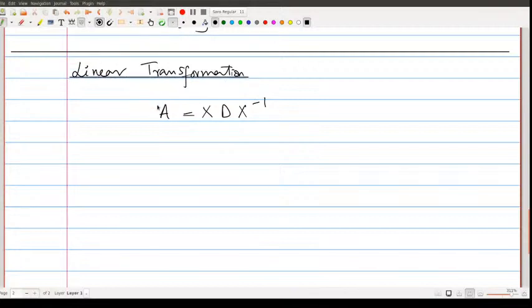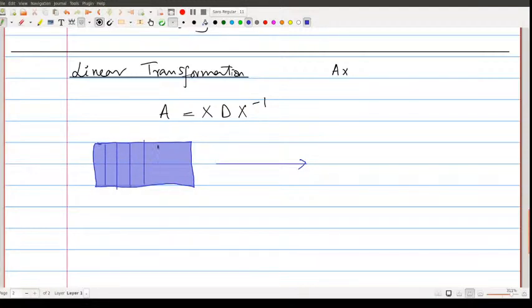When you multiply A with all vectors, you get some transformation of your space. So let's say this was my original space, and multiplying it with A turned it into another space, something like this, right?